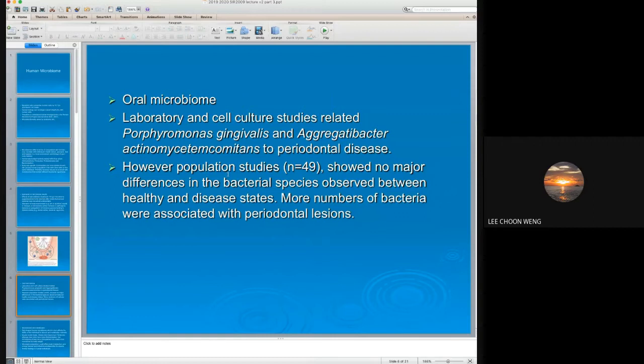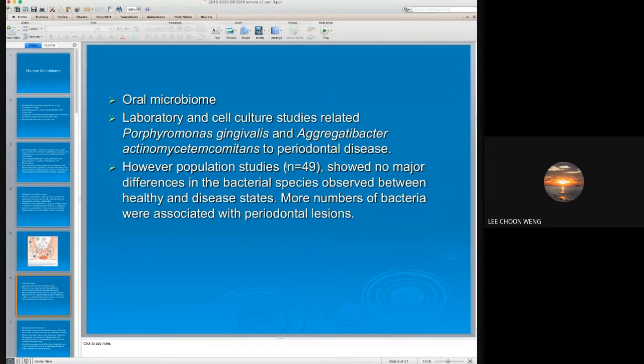However, when they looked at the population, they could not find any major difference in the bacterial species between the healthy and disease states. Okay, although they saw more bacteria associated with periodontal lesions.